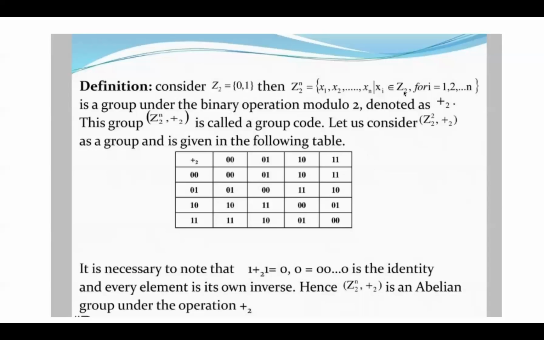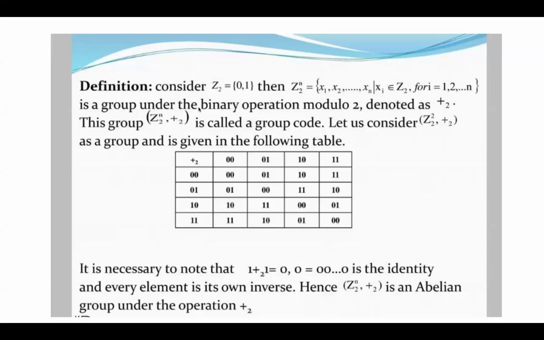This 2 stands for binary again. I'm repeating because this is x1, x2, ..., xn such that xi belongs to Z2 for i equal to 1 to n. Here i stands for 1, 2, ..., n. Getting it?